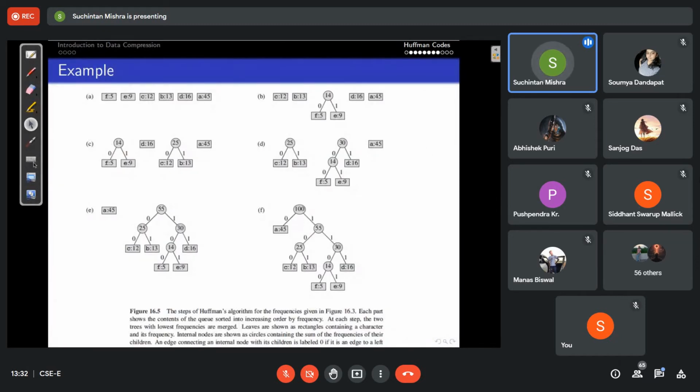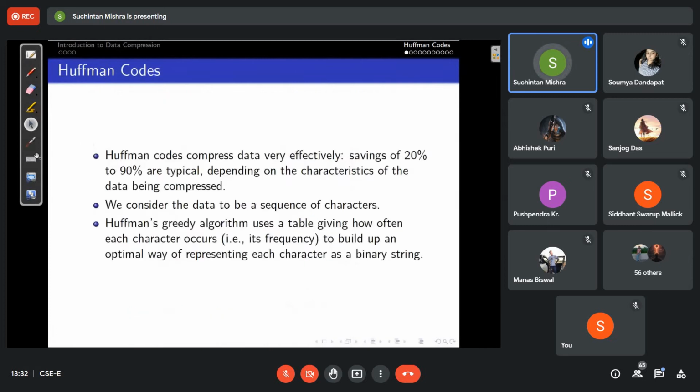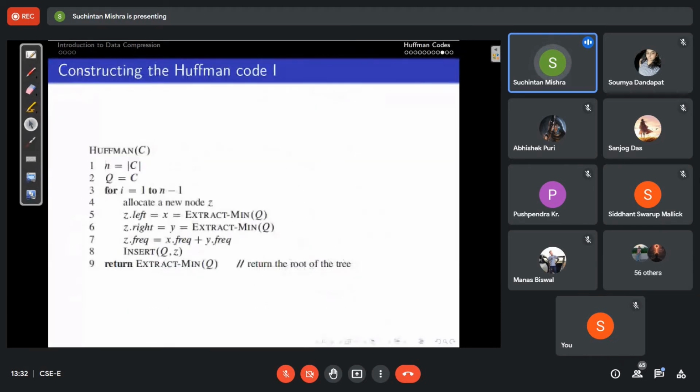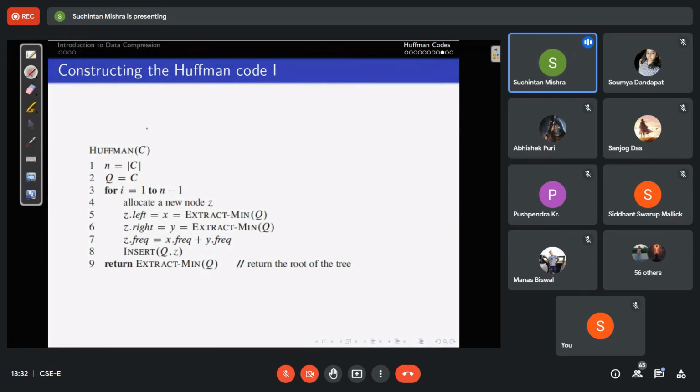Yes. Now let us take the same example. Let us go to the algorithm, then we'll come back to the example. The algorithm is saying Huffman code will take symbols and their frequency. That is the input to this algorithm.